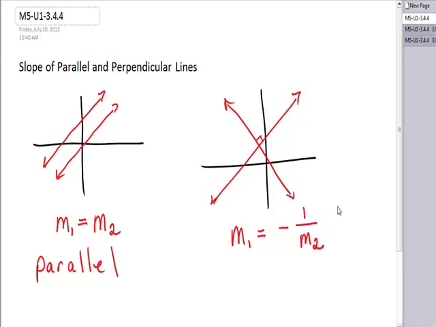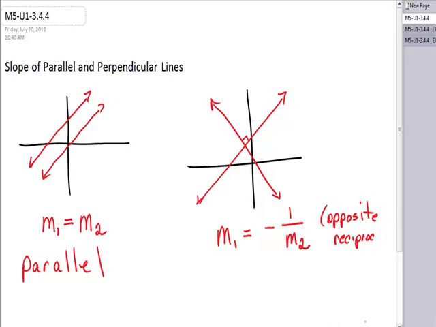I'm going to just put in parentheses opposite reciprocal. They have to have those two characteristics, and if that happens, the two lines are perpendicular.